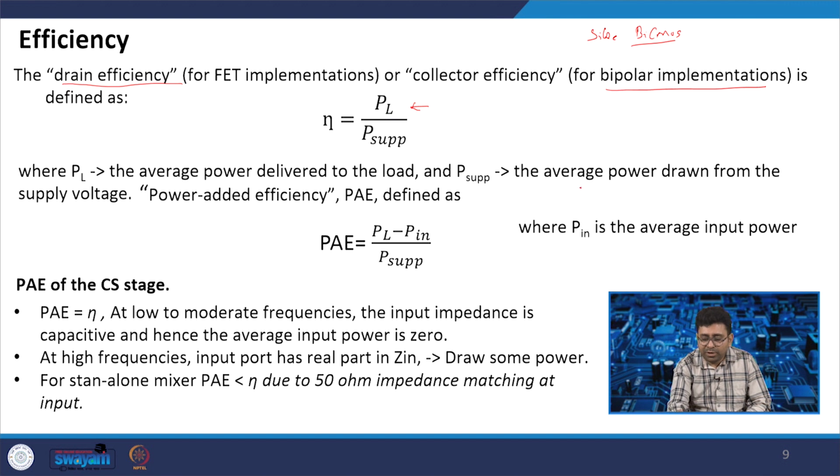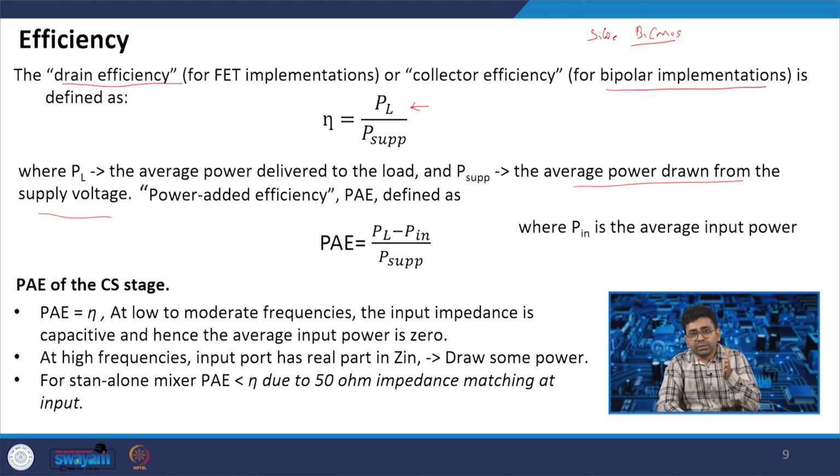So, the average power drawn from the supply voltage. If the average power delivered to the load is equal to the average power that we are drawing from the supply, then our efficiency is maximum.